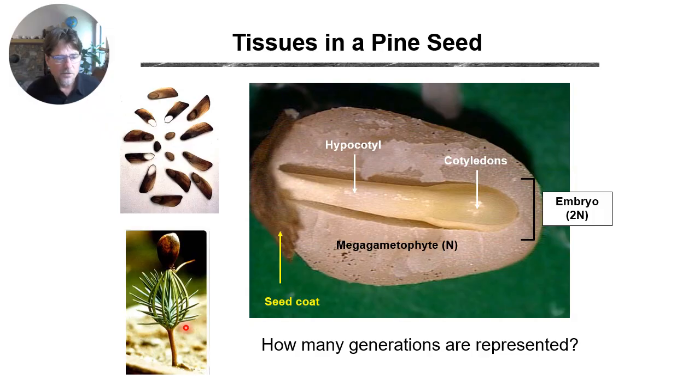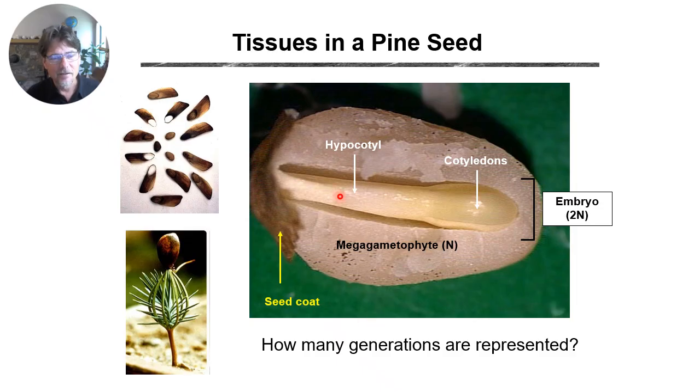It's interesting to consider how many generations are represented in one of these pine seeds. So if we start with the outer part of the seed, the seed coat develops from the integument. That is sporophyte tissue from the mother plant. You can think about that as grandmother tissue.